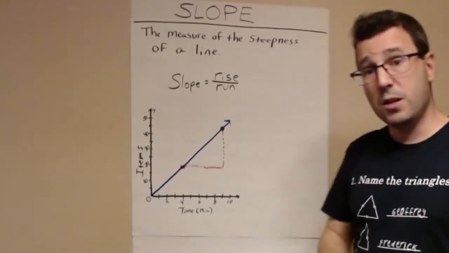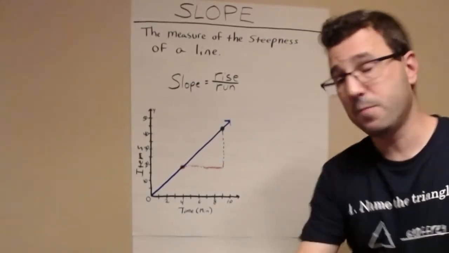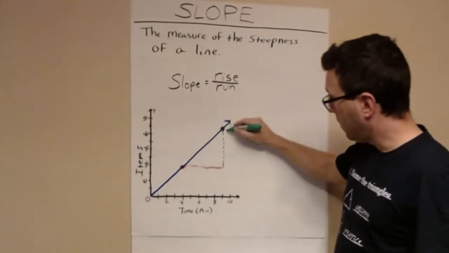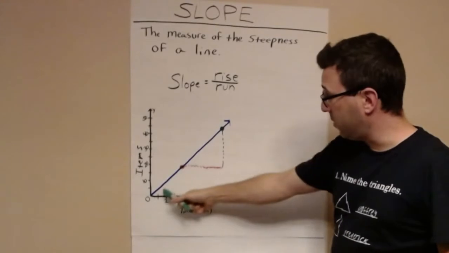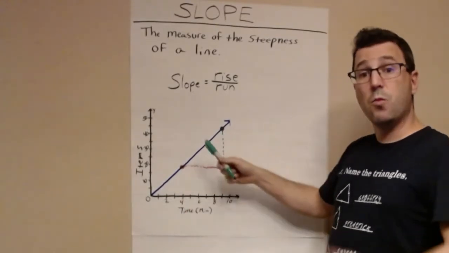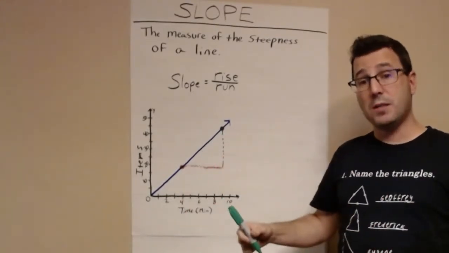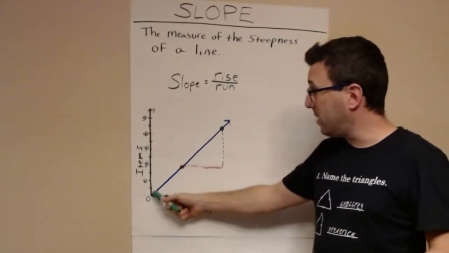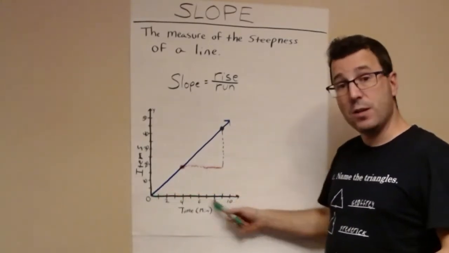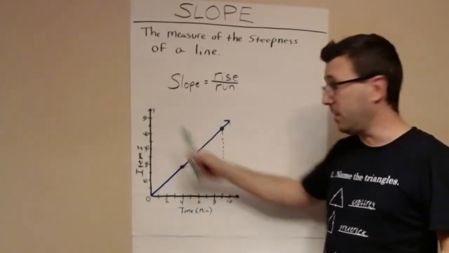And all I'm really going to do is look and say, well, how much did it go up here? Because notice it's going up. So when we go up, that's what we call a positive slope. Okay, an increase. So as my x increases, my y is also increasing.